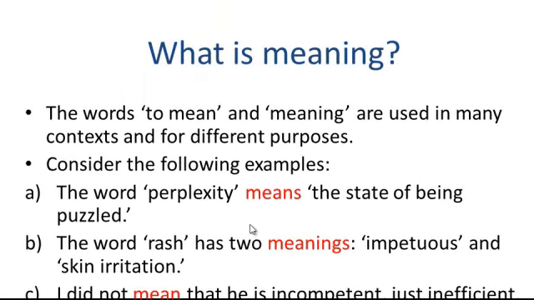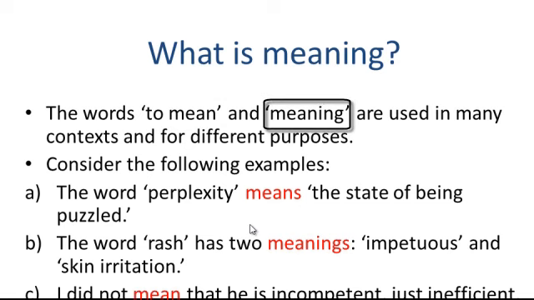And now we're moving on to look at what meaning is all about. So for us to talk about what meaning is all about, we need to know the differences between the phrase to mean, which in this case is regarded as an infinitive, and also what the word meaning means.